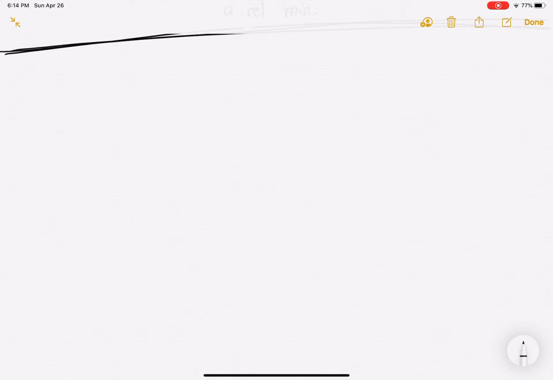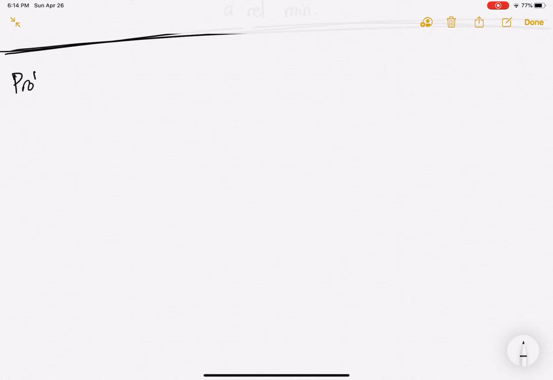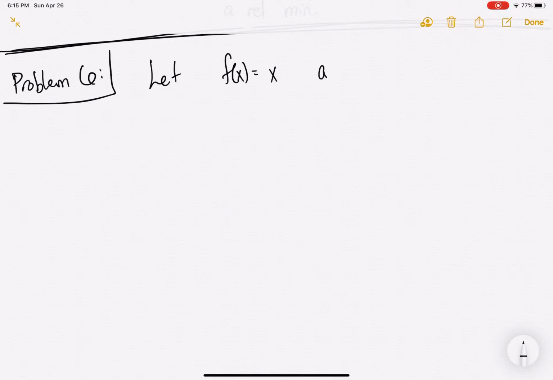All right, problem 6. Let's look at that one. Problem 6 says, I better call it problem 6 so you guys know where I'm at. Let f of x equal x and g of x equal x square root x squared plus 1 over 5.